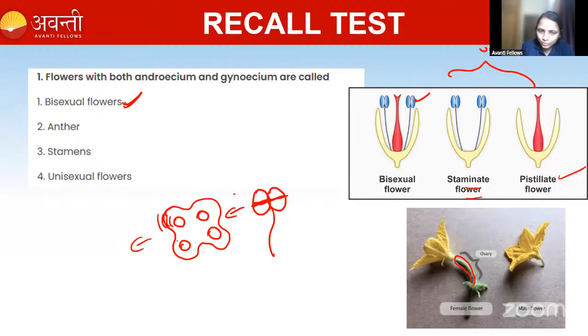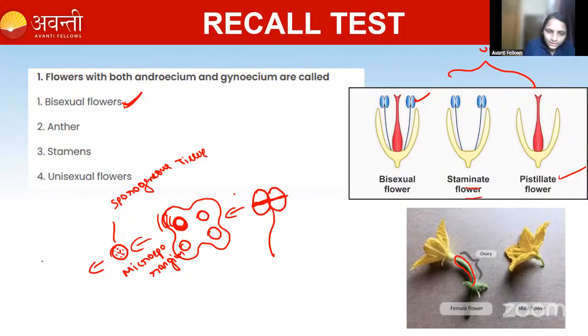Now we have understood that, right? Now we are taking only this one. What is this? Microsporangium. We are taking the microsporangium. This microsporangium has the sporogenous tissue. Right? Here you can see it has so many cells.